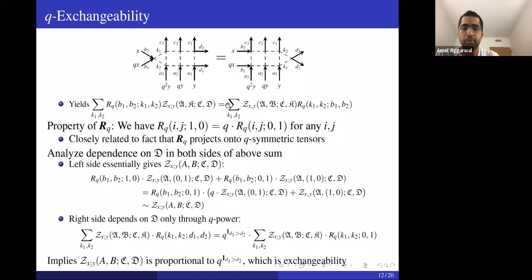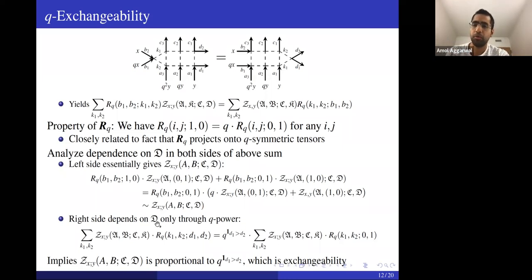So my right side is this guy over here. Again, I'm going to use this fundamental projection property. You'll realize that, first of all, the ZXY of ABCK doesn't have a D in it. It doesn't depend on D. The only place where I see dependence on D is through this R_q.